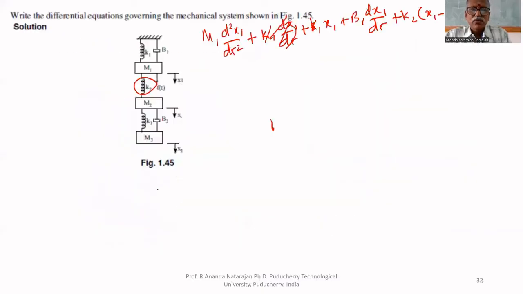So wherever you find M, replace by C: C1 d square phi 1 by dt square plus K1.